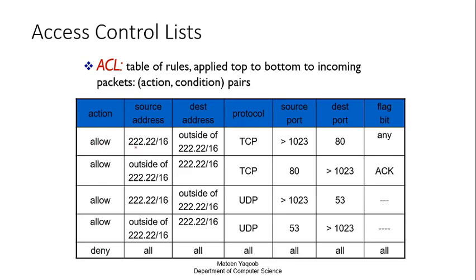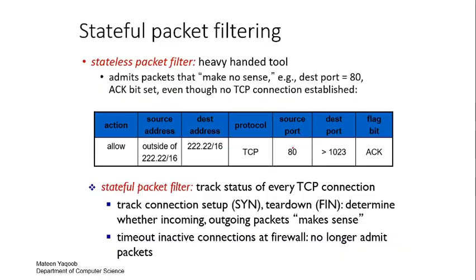We allow the packet which has a certain source IP and a destination IP outside of that, using the protocol TCP with a given source port number. So ACLs are implemented to allow or deny the connections.